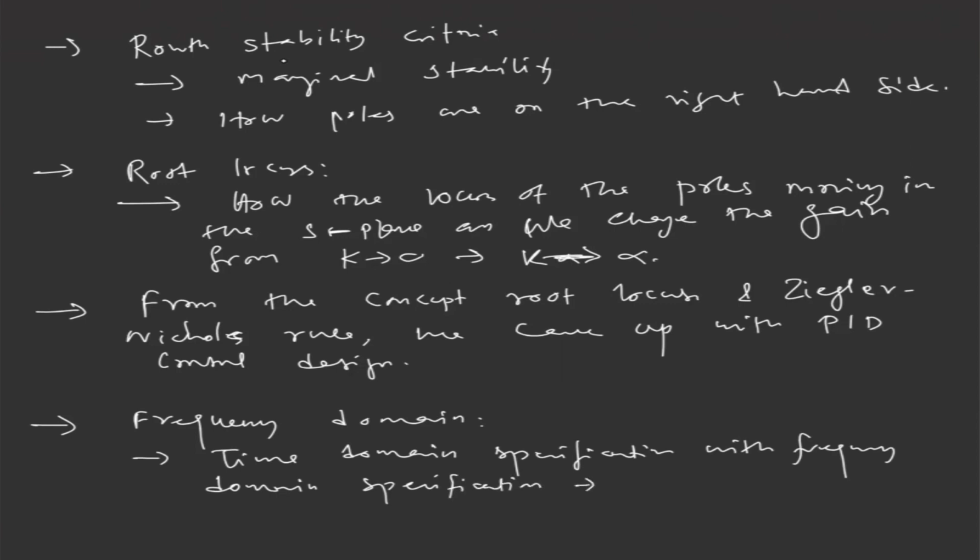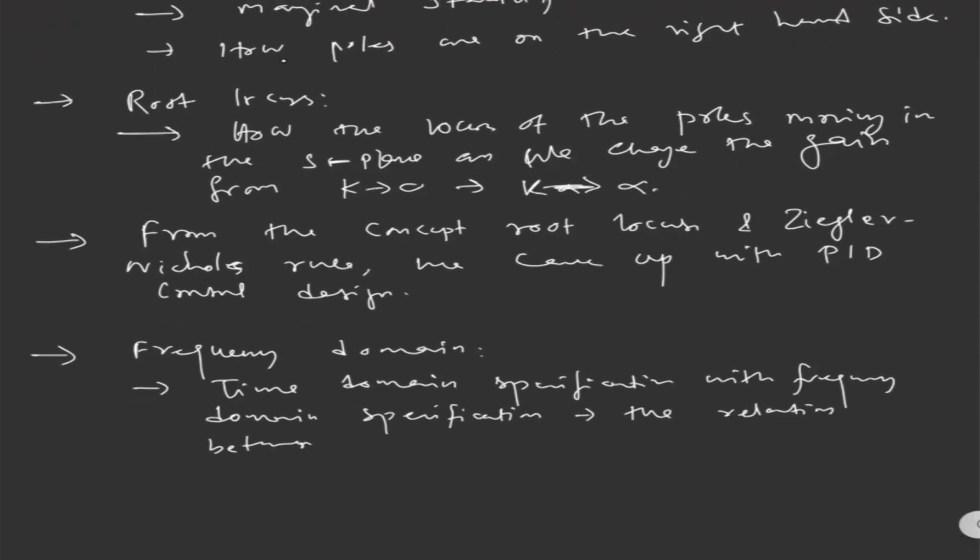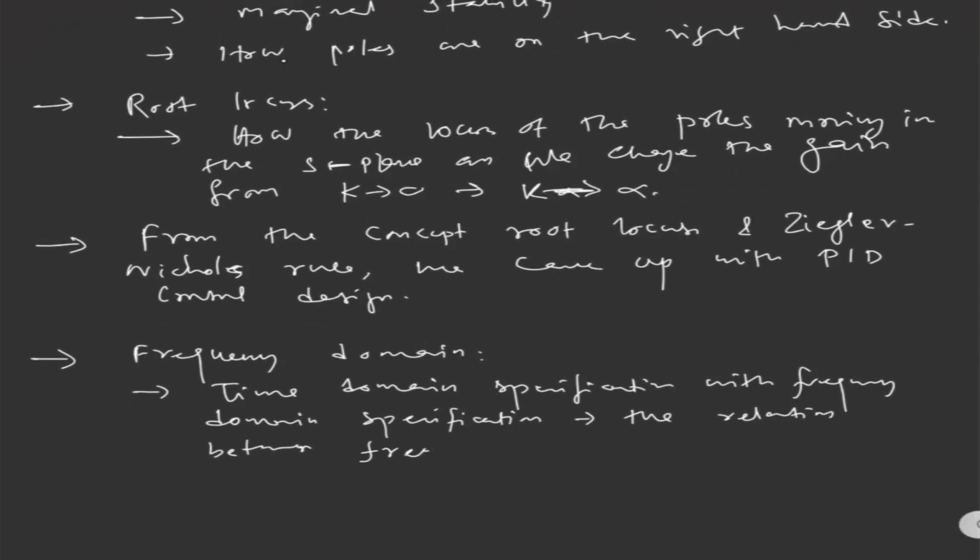Basically the relation between frequency domain specifications and time domain specifications like TR, TS, TP, and maximum overshoot. So this we have done.